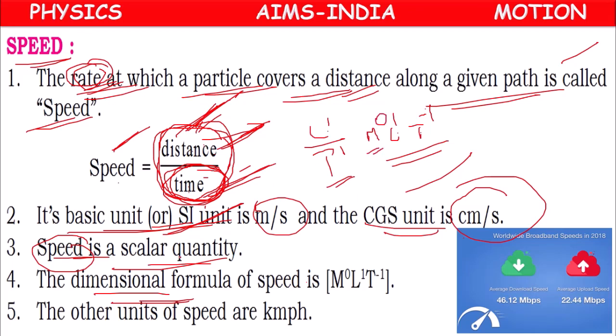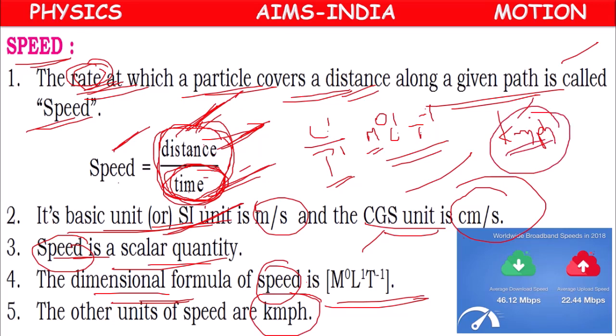So the dimensional formula of speed is M0 L1 T minus 1. Okay. The other general unit of speed is kilometer per hour. For buses and large vehicles, we make use of the unit kilometer per hour. We call it kmph.